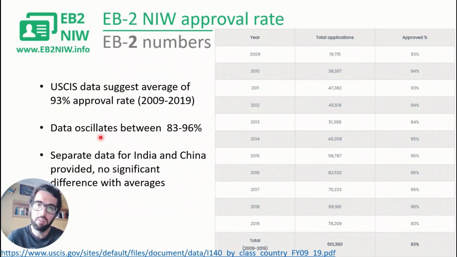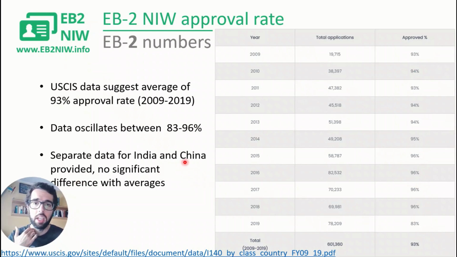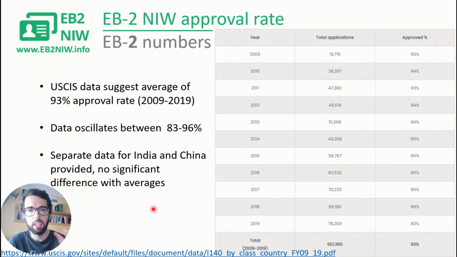The data oscillates between 83 and 96%, depending on the year. And there is also separate data for India and China because those are the two biggest countries in terms of number of applicants. I looked at the data, it's not shown here, but the data is very similar. There's no significant differences of India, China, and these global numbers that we're seeing here.